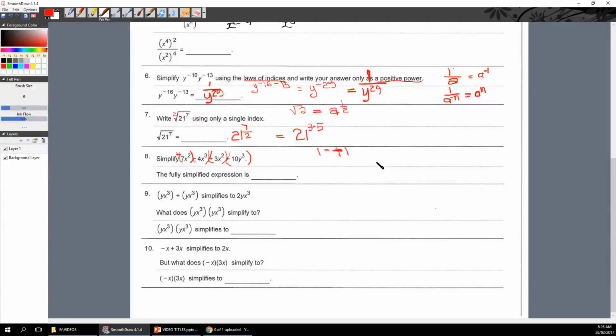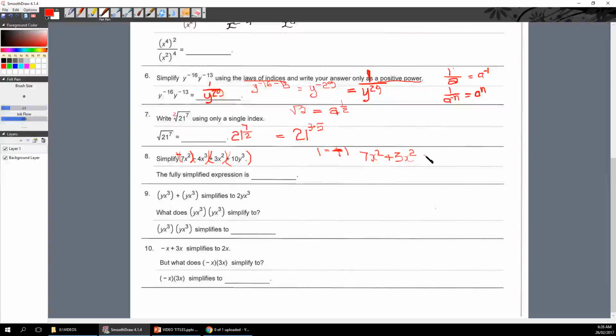Okay, so now you rearrange them so you get what we call the like terms together. So I would go 7x squared plus, usually we put them in the order of the powers, but I've just missed out there, 3x squared. So that's 7x squared there, that term, 3x squared.